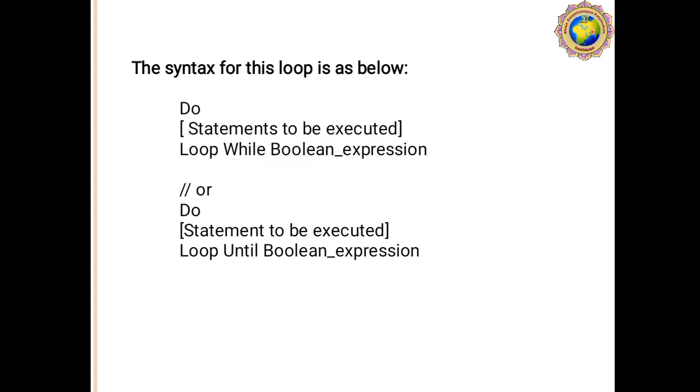This is the first method of writing the Do loop syntax and here is the second method. First write Do, the statement to be executed, and then give a condition using While. Otherwise you can also write Do, the statement to be executed, and use the Until keyword instead of While.